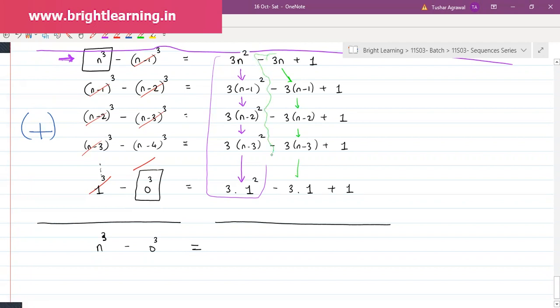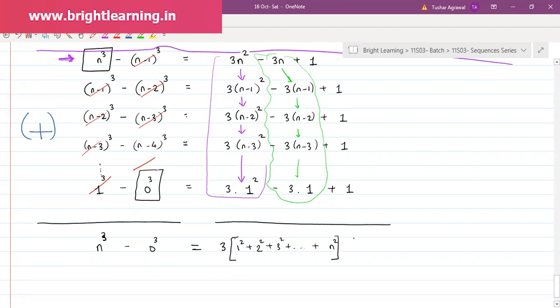That subtraction sign I will take common. And then addition plus 1 plus 1 plus 1 plus 1 and so on. So the purple group is something like this. 3 I can take common. If I take 3 common, the purple group is 1 square plus 2 square plus 3 square and so on up to n square.